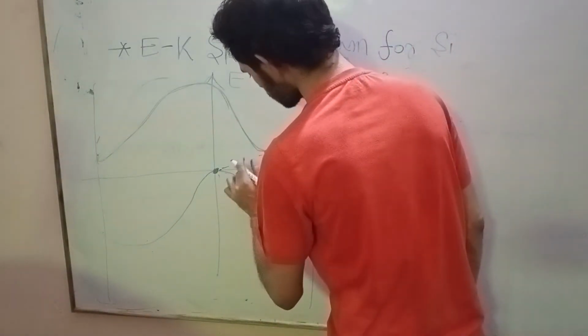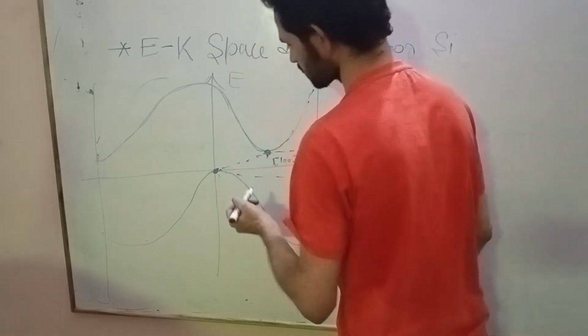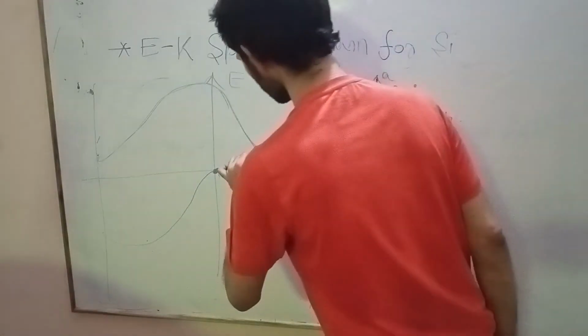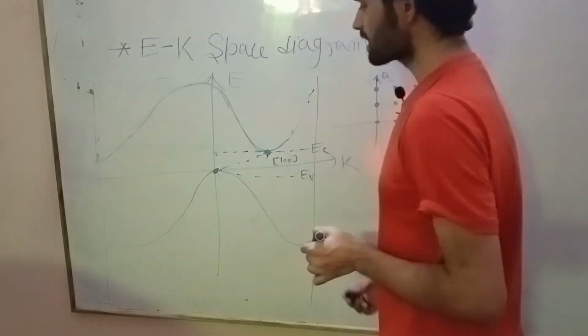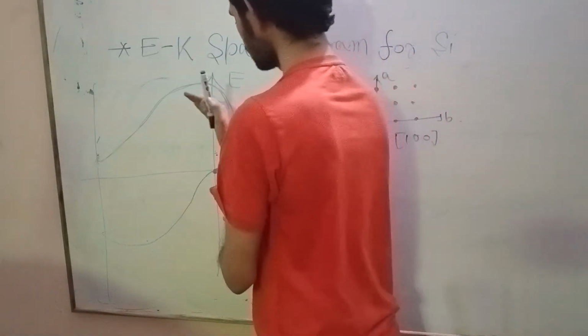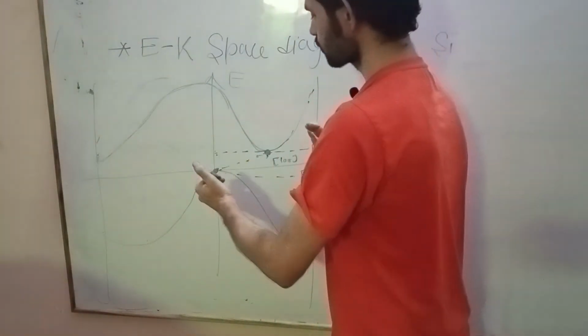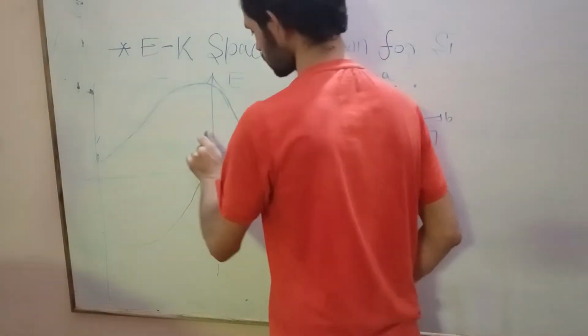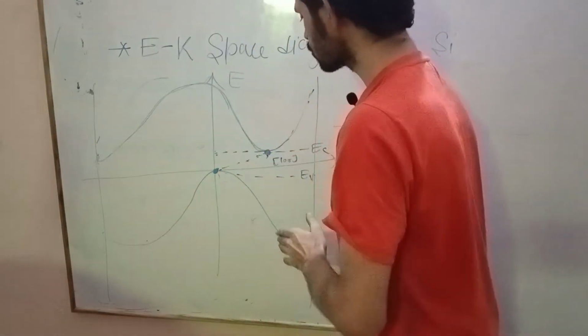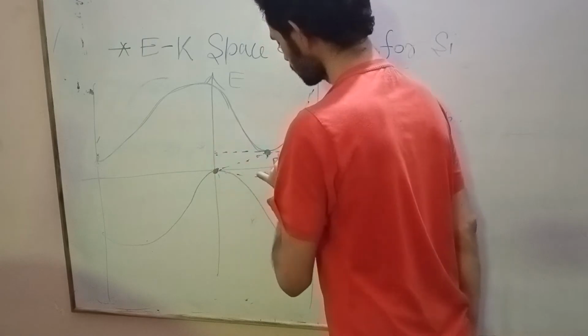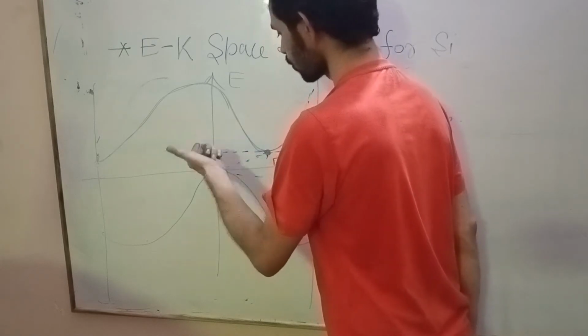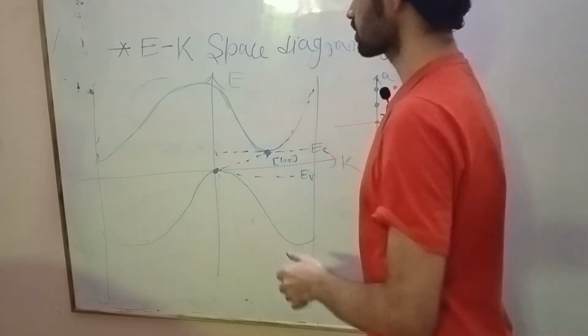Means here momentum is not conserved. Momentum is not conserved because if you want to make it direct nature, then we have to move this to this side, means it should move like first this. There is no conservation in momentum.